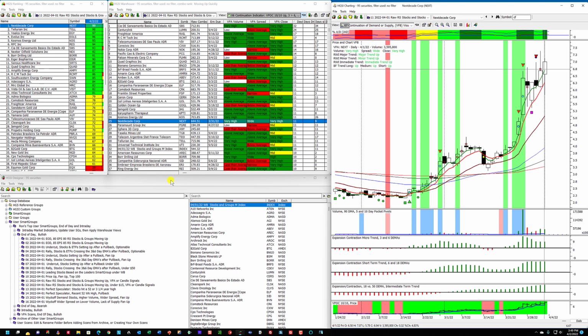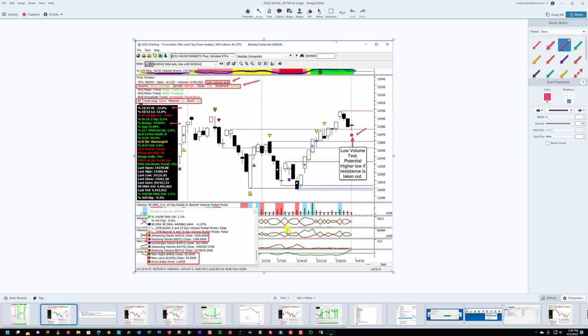The market, I put this out this morning, put it on Facebook and sent it to the group, and this is setting up the way we want it to. Now, there's no guarantees it's going to follow through, but there's a low volume test, as I pointed out in here.